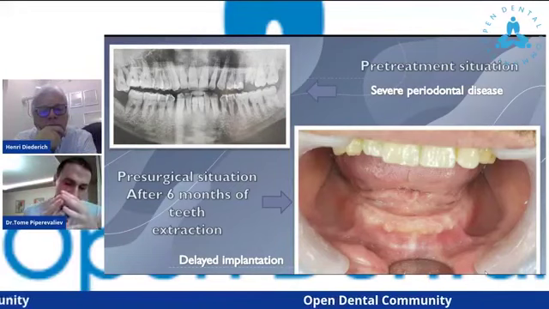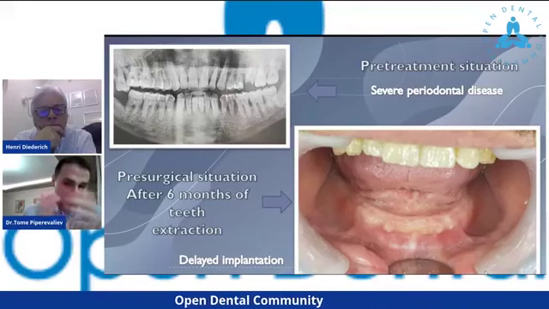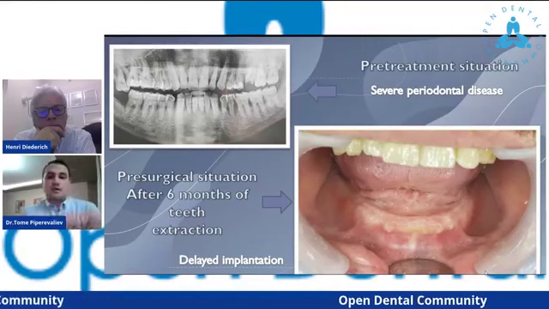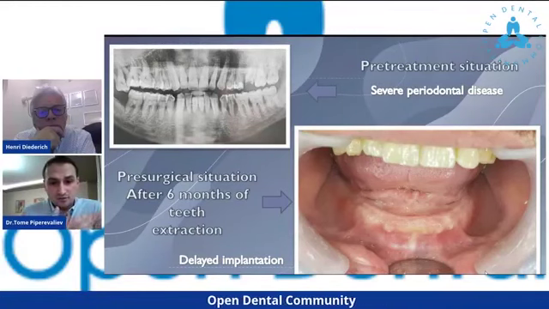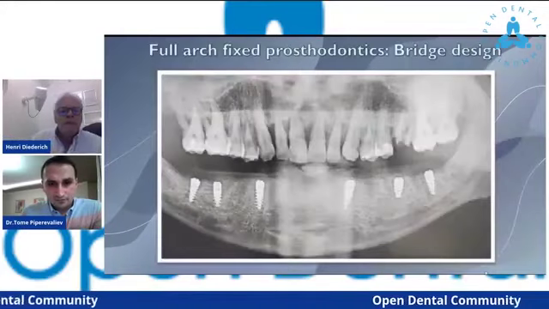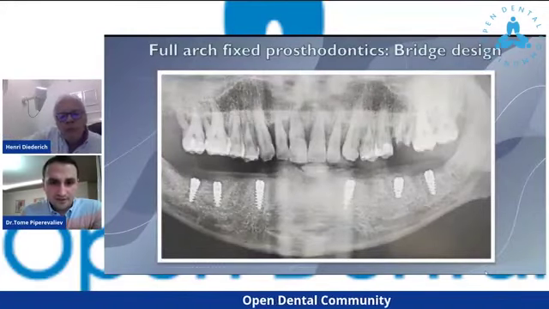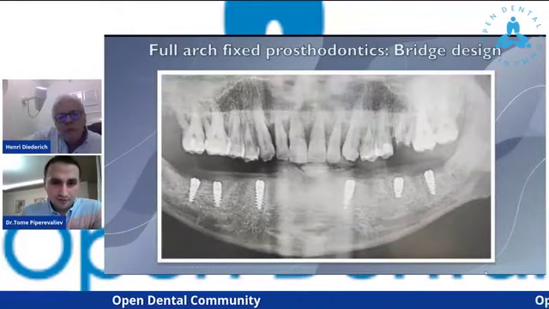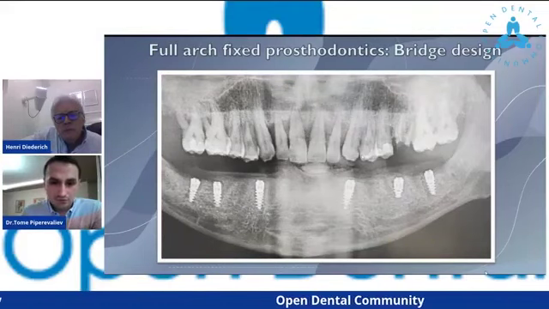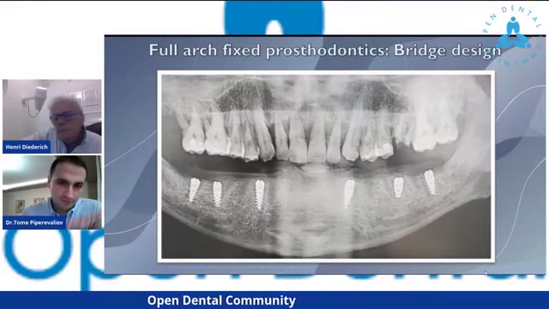After a 6 month healing period, we inserted 6 implants and waited 4 months for loading of the implants. Here we can see the X-ray immediately after implantation. This is 6 months after the first visit of our patient.